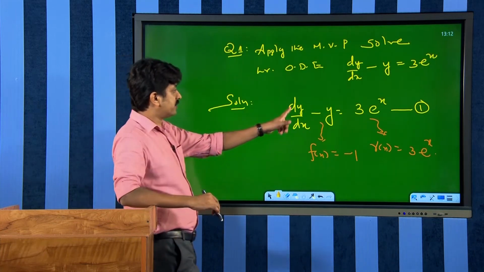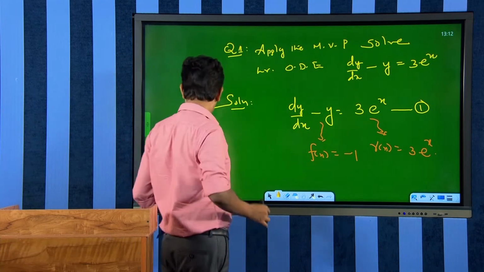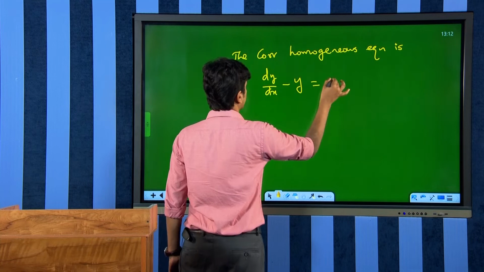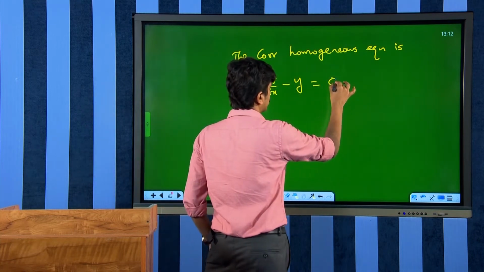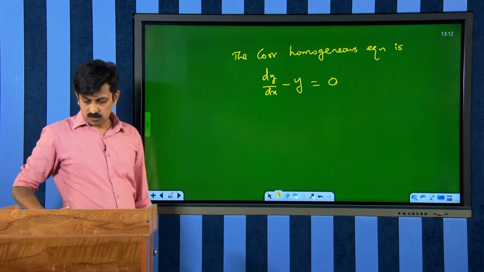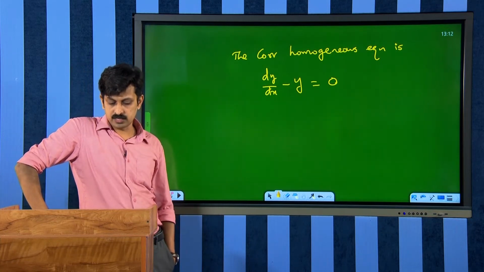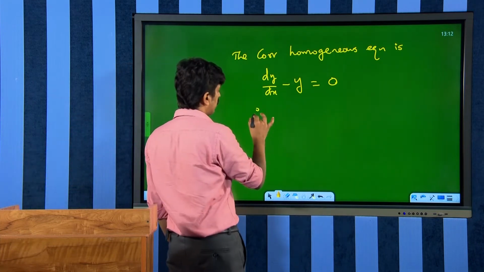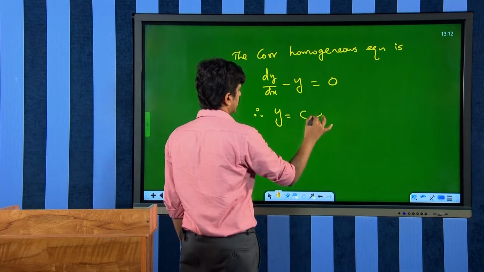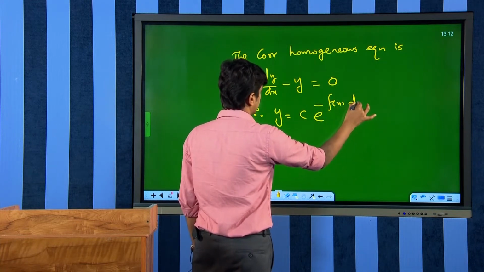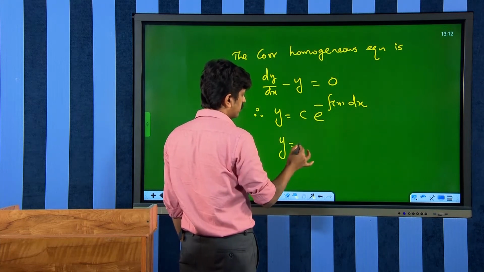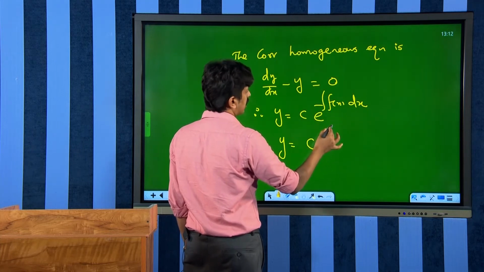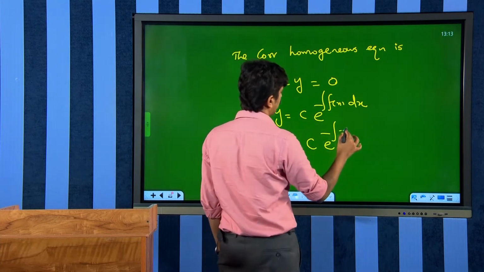The corresponding homogeneous equation is dy/dx minus y is equal to 0. From here it is understood that y is equal to c e raised to minus integral of f of x dx, that is c e raised to minus integral of minus 1 dx.